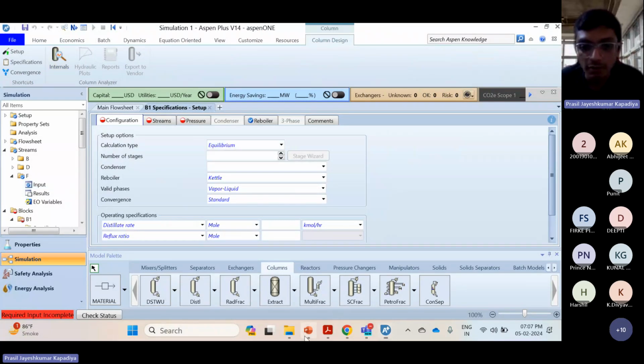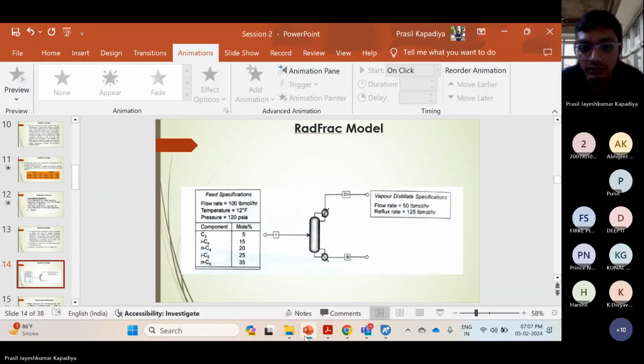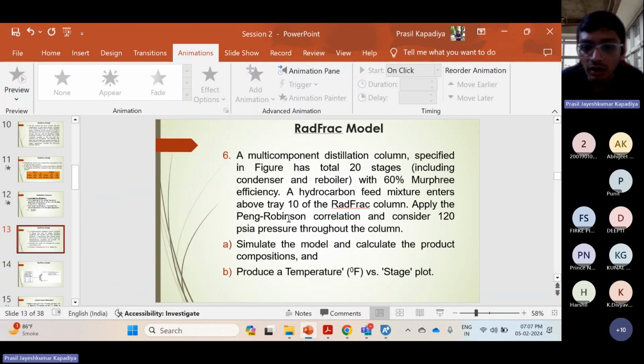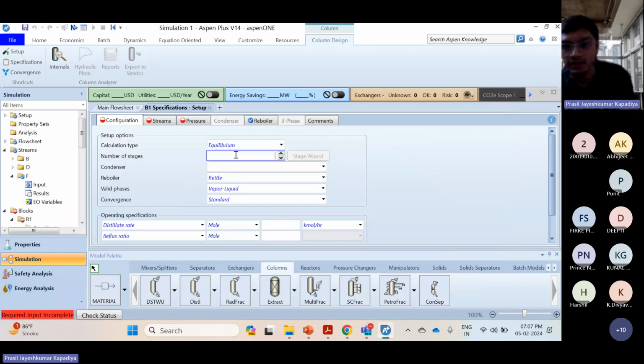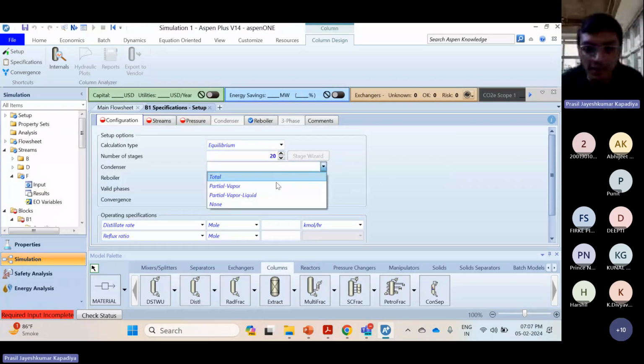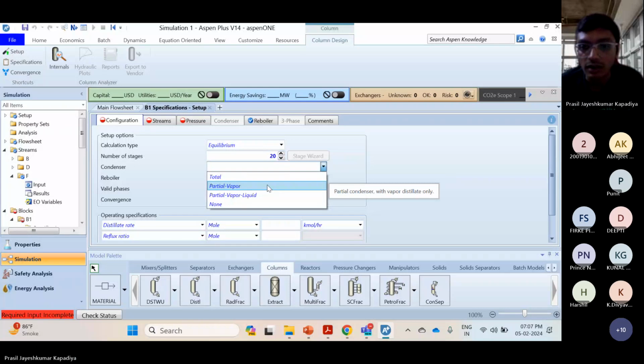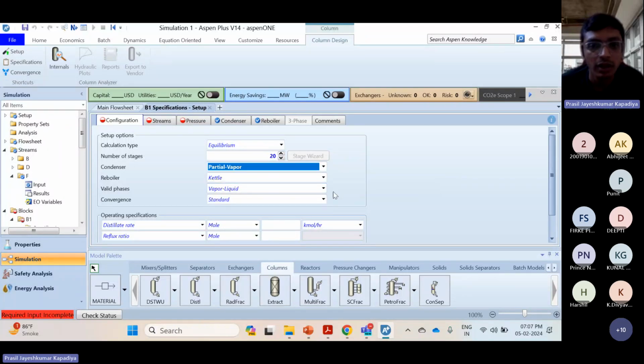Okay. How many stages? 20 stages. Correct? So 20 stages. Condenser is a partial condenser. Partial vapor because we are getting product as vapor only. Then everything else is fine.